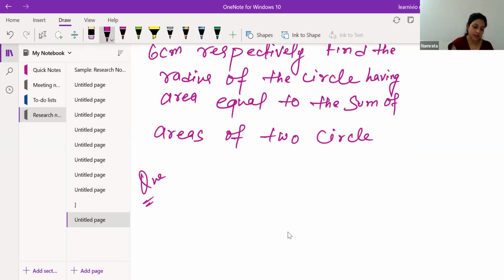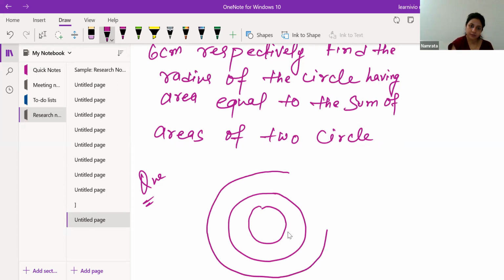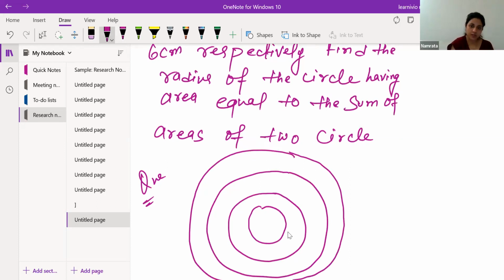We are already provided the figure. Let me draw the figure. Here it's written gold, red over here, blue over here, written and colored also.